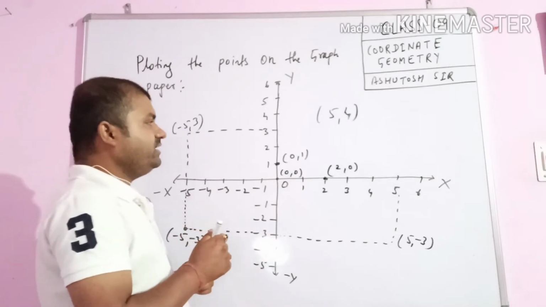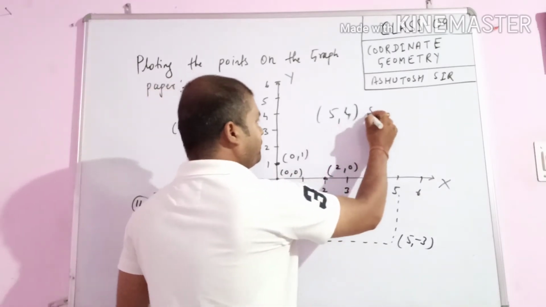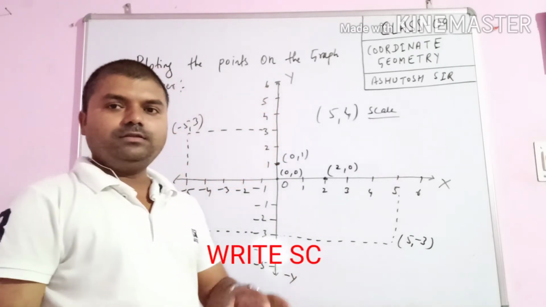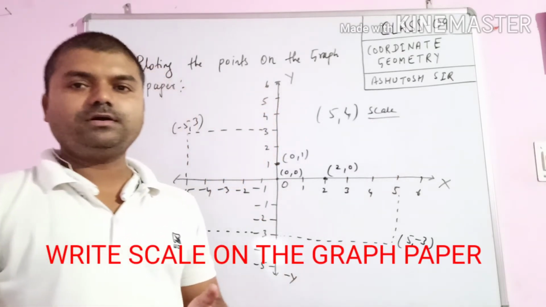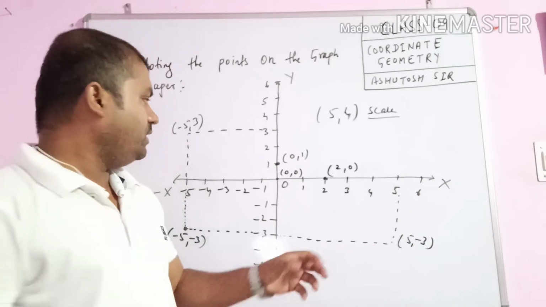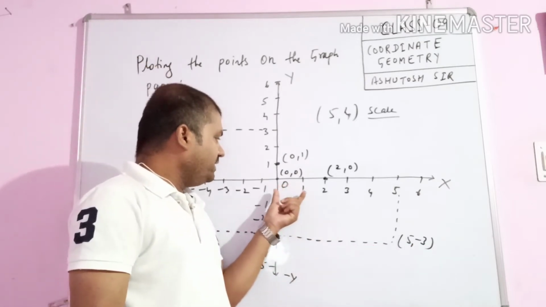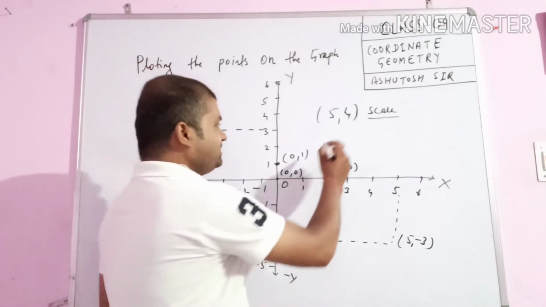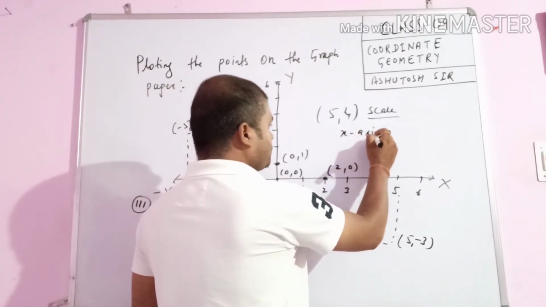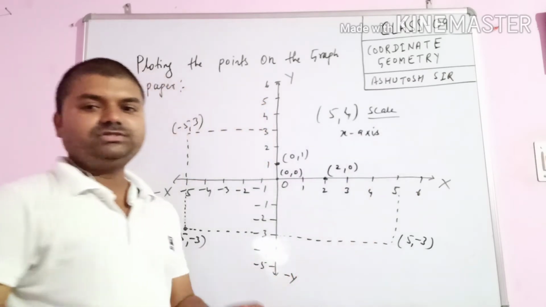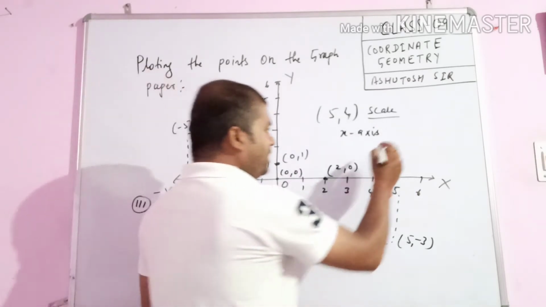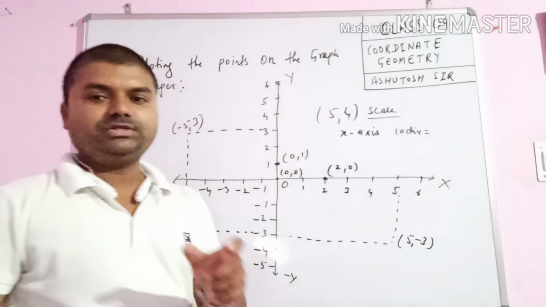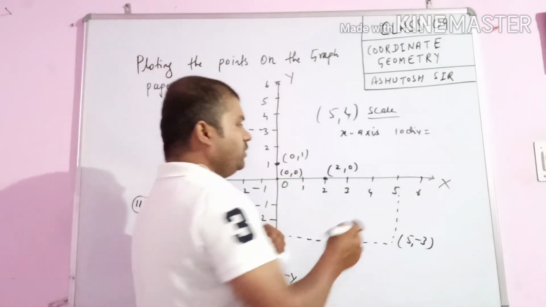And one thing is here, scale. A scale is very important for the graph. In every graph you use a scale. That means here 0 to 1 is 10 divisions. Then we write that on the x-axis, 10 divisions equal 1 unit.